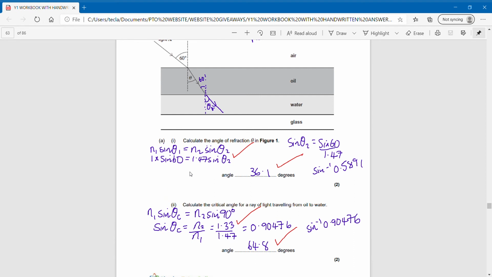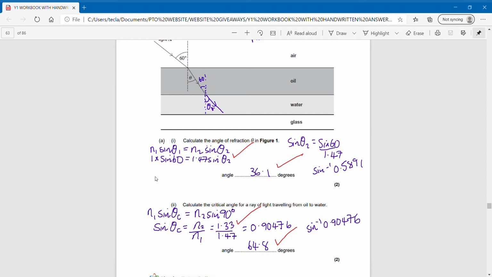So rearrange: sine theta 2 equals sine 60 over 1.47, and then inverse sine of that value gives us 36.1 degrees. That looks about right, because we know that the angle of refraction would be less than 60 degrees.